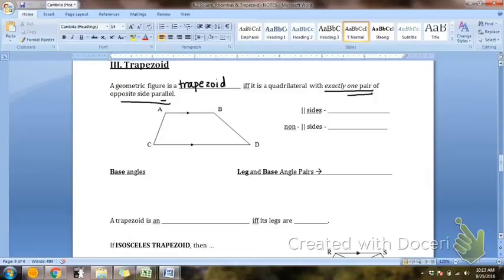If I were to extend these lines AC and BC, eventually they would cross, right? So these two are not going to be parallel because eventually they would cross. So my 1 pair of parallel sides would be side AB is parallel to side CD.